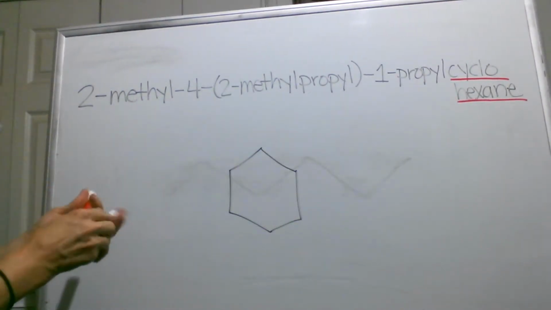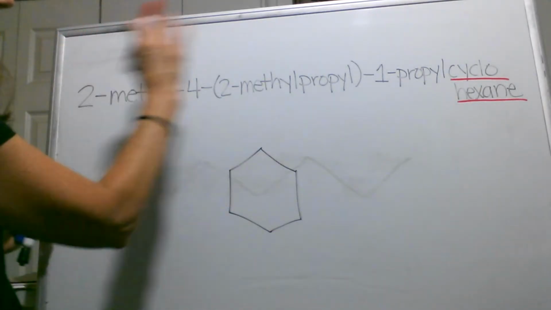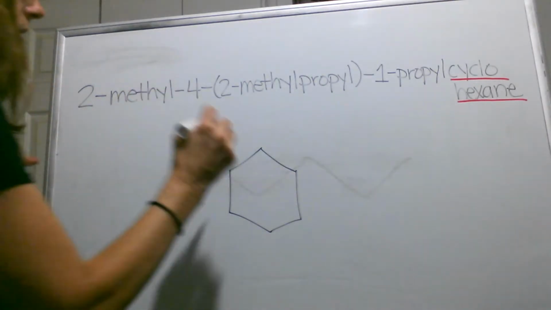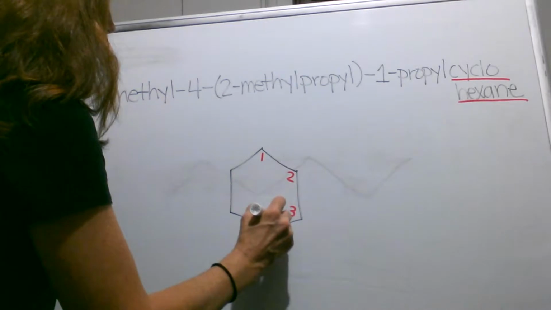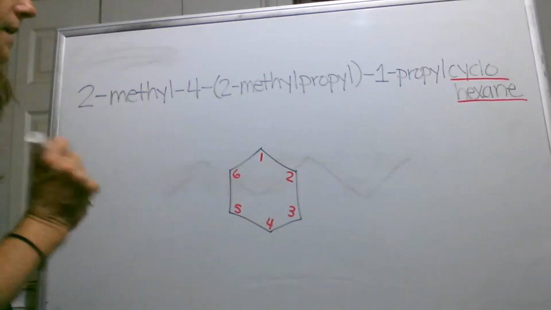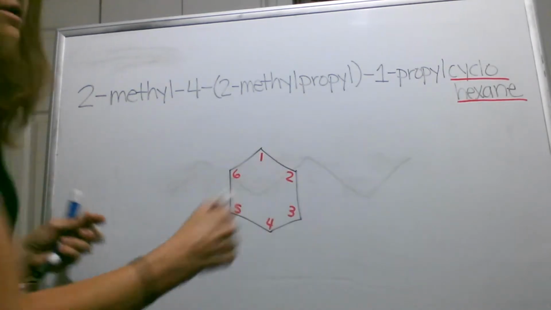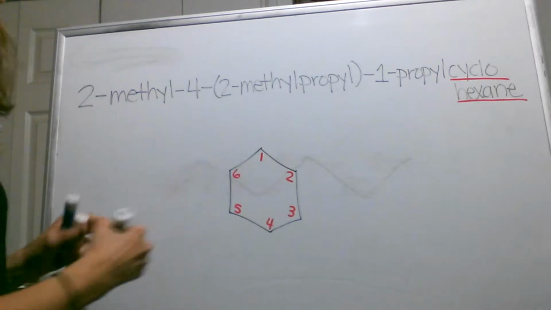And then we're just going to do the same thing that we've done previously. Now in this case, we can number the cyclohexane starting with any carbon and just going around the ring. It doesn't really matter if I started the one here or the one here. We just need to make sure that those carbons are numbered all in a sequence.